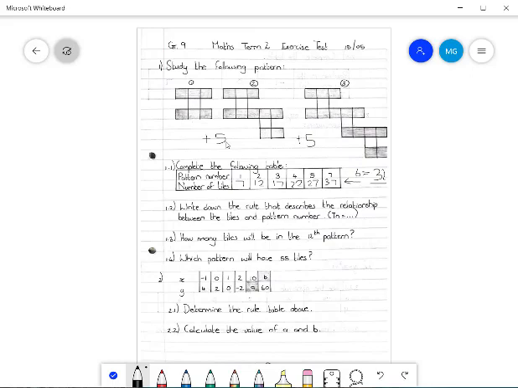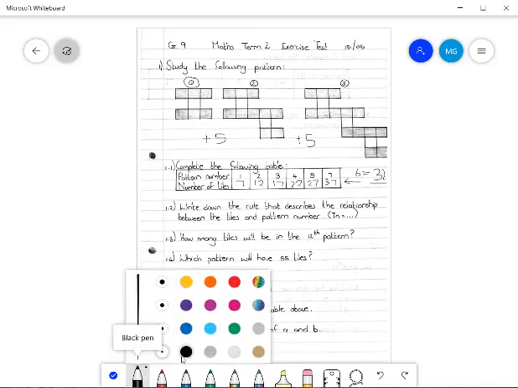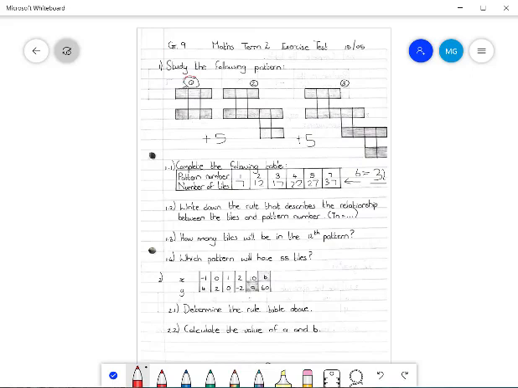Okay, so this is quite easy if you know this trick that I usually use. I take the number that we add or subtract each time, and I multiply it with the first term. Let me just get another color pen quickly. Okay, so I'm going to use red. So I'm going to multiply with the first term.